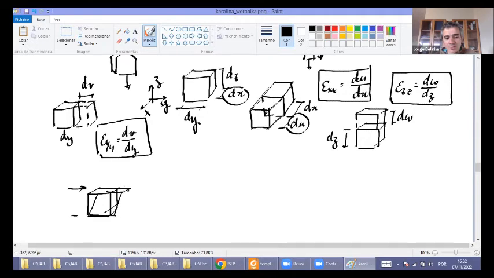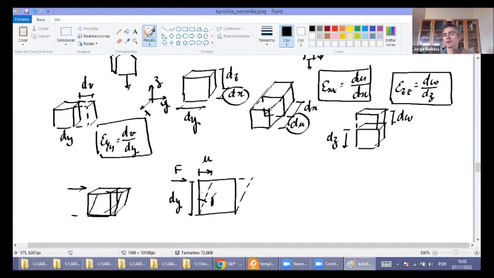You can imagine that distortion, yes? So let's see it in 2D. Apply the force. Here comes the distortion. This becomes, for example, our du, and this is our dy. And this will have a gamma, a distortion angle. We are very interested in this distortion angle.